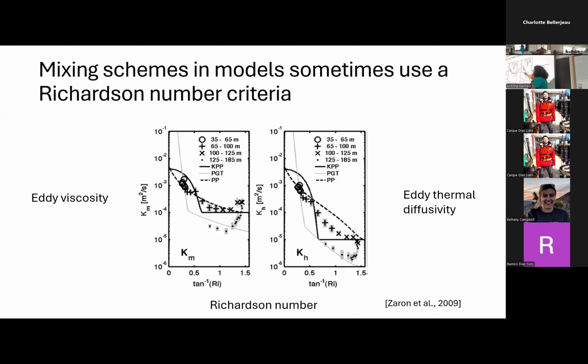And then you can see that in the case of KPP, which is a type of mixing scheme, it shuts off or maintains a constant viscosity as the Richardson number increases. It generally follows what the observations show, but there are areas where it doesn't really match. And so it becomes important to think about what a good Richardson number is and whether it reflects mixing, because it's used a lot in the way we parameterize mixing.